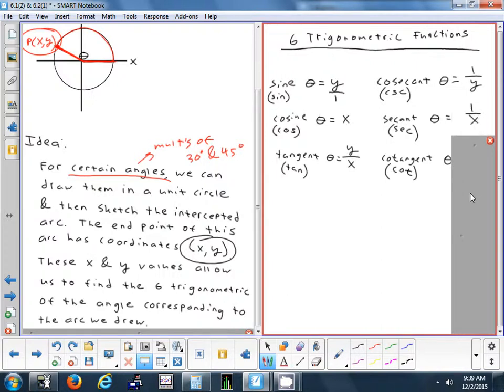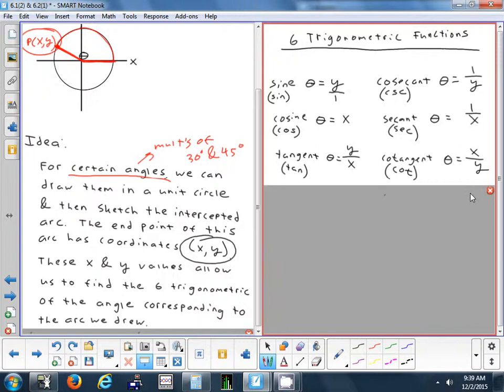The secant is cosine flipped. And what about the cotangent? x over y. The cotangent is the tangent flipped. So on a reference sheet, those 6 formulas are very important. Or at least if you remember the 3 on the left and just say, flip them to get the 3 on the right.